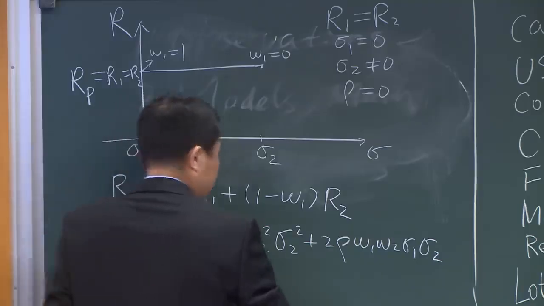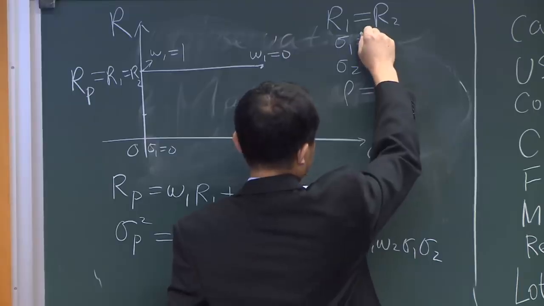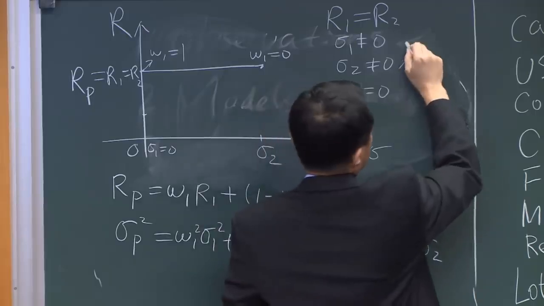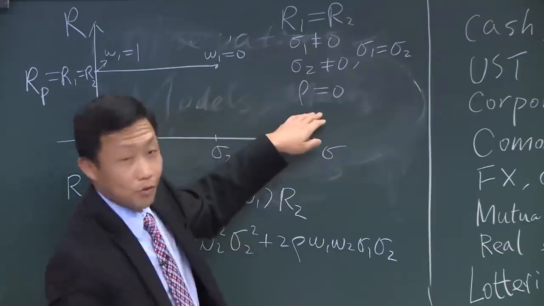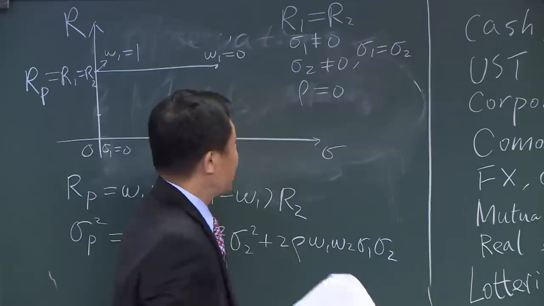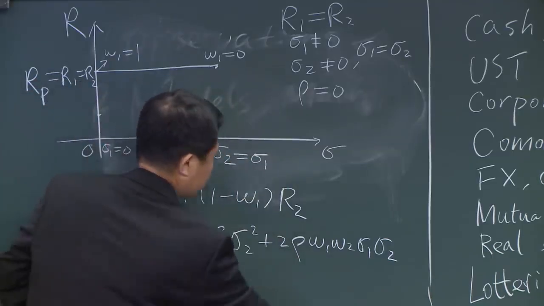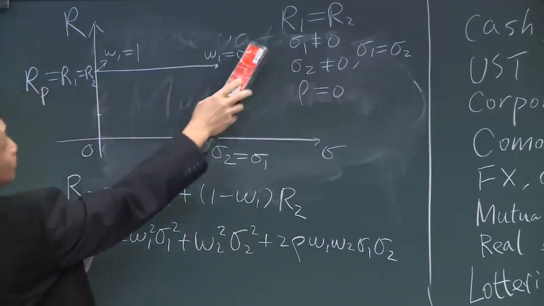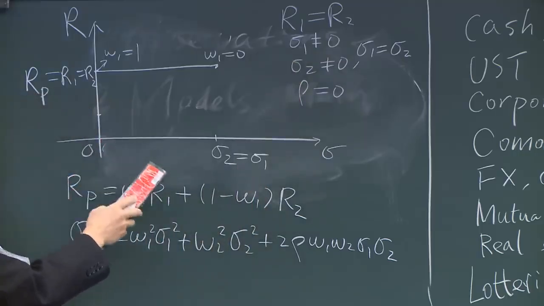So what if sigma 1 also is not 0, but sigma 1 equal to sigma 2, and further I impose the correlation to be 0, okay? What does this line look like? So I have sigma 2 equal to sigma 1. And R1 still equal to R2, so RP still equal to R1 or R2, right?